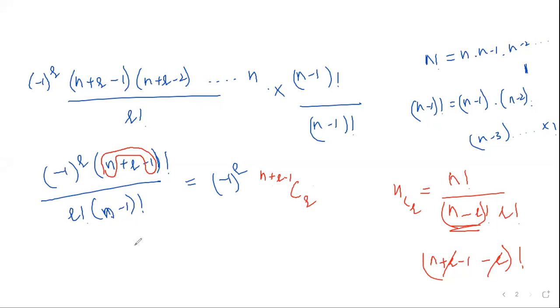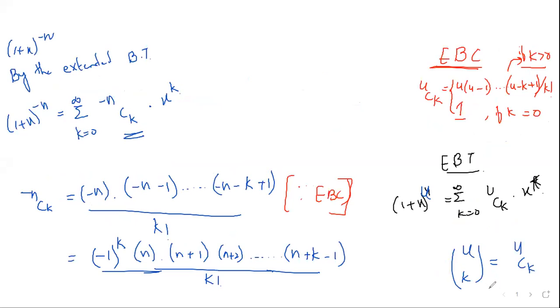Or we can even write it as minus 1 power r into C of n plus r minus 1 comma r. Now why did I do this? We didn't actually need it for this term to be found. I did this entire theorem, but it is not a part of your actual problem.